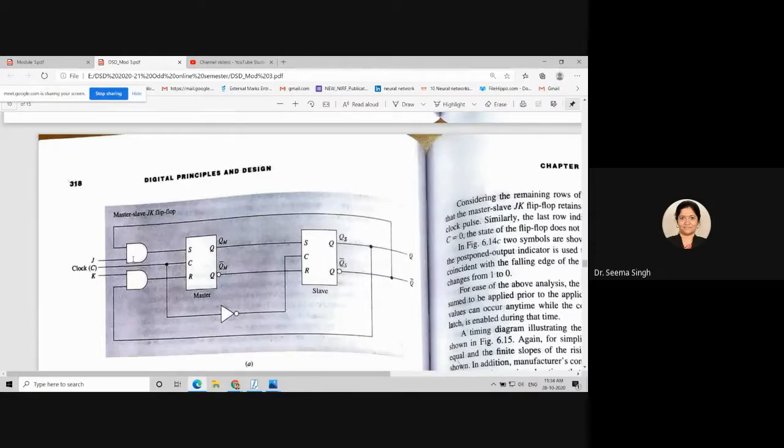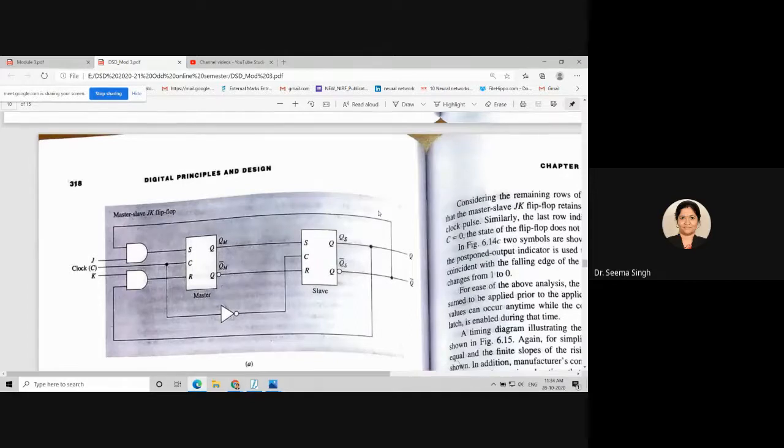The second circuit, what I'm showing you now, is using SR flip-flops. So when you are making a master slave JK flip-flop using SR flip-flops, you will have to make this external connection using an AND gate with the feedback from Q and Q bar of the second SR flip-flop. I hope it is clear to you what is happening here.